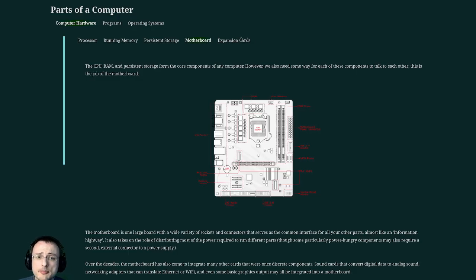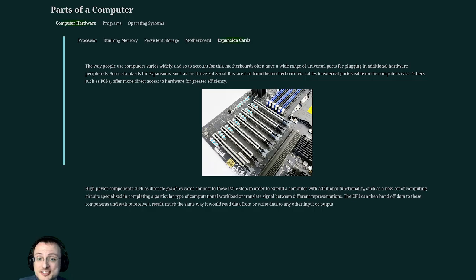But this does bring up that expansion cards do still exist. People use their computers in a lot of different ways. And so to account for this, motherboards often include a wide range of semi-universal ports that let you plug and play whatever other devices you need.